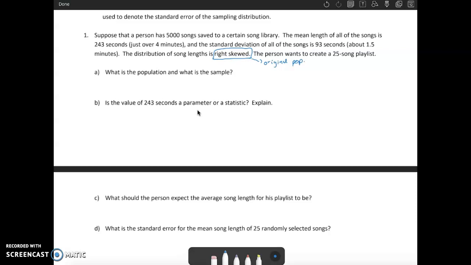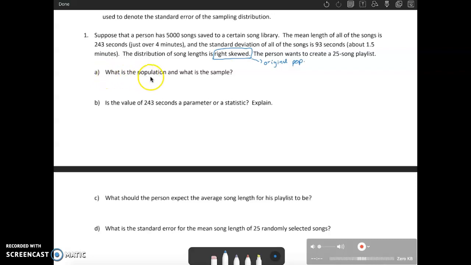Only if we hit that sample size criteria of at least 30 can we say the CLT now kicks in and we can assume that sampling distribution is going to be normal, and then we could proceed using the normal curve to perform calculations. If we don't hit that, we're just kind of stuck and we can't move on. But let's stick with the questions that were given so far.